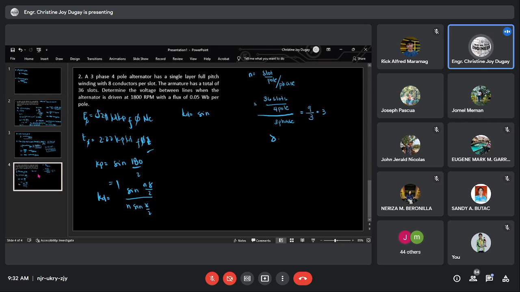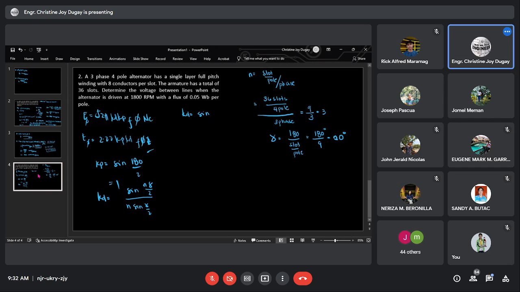And gamma natin, ano ang gamma ulit natin that is equal to 180 over slots per pole. Ayan, slots per pole. No? So, 180 degrees, divide nyo siya sa slot per pole natin which is 9. So, that is equal to 20 degrees.